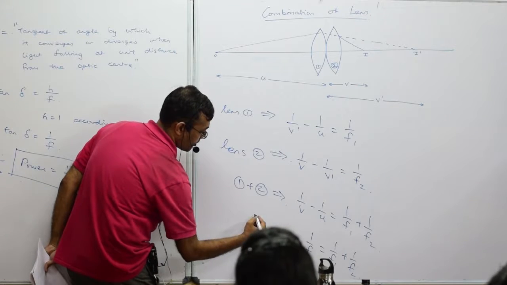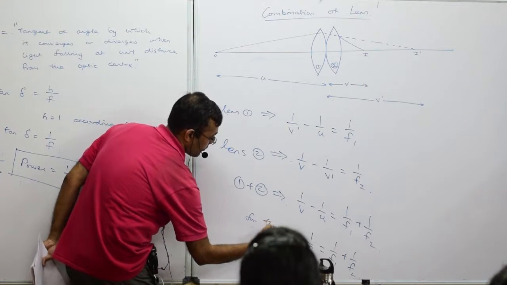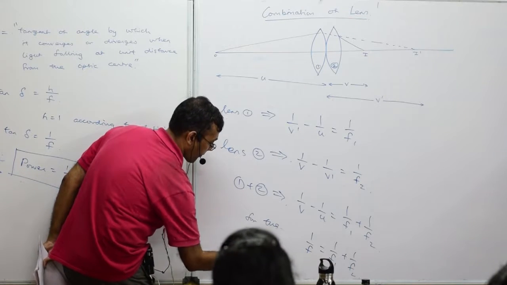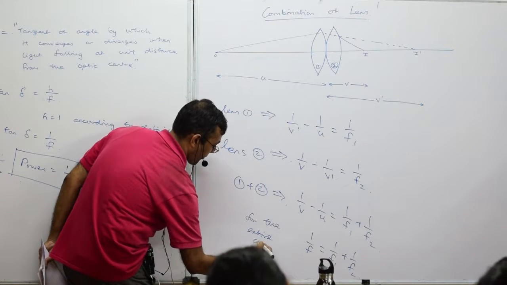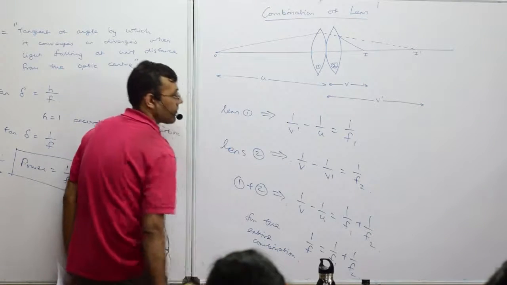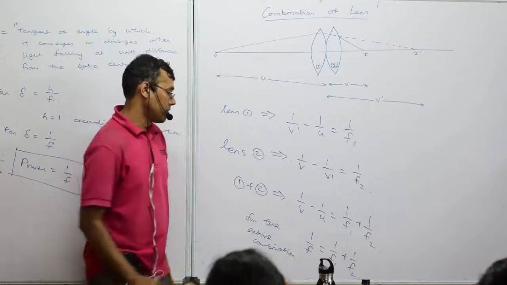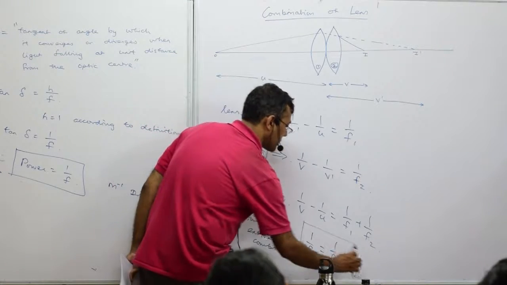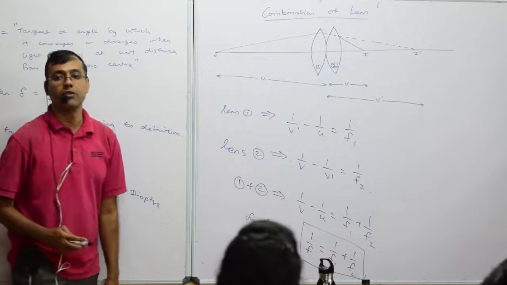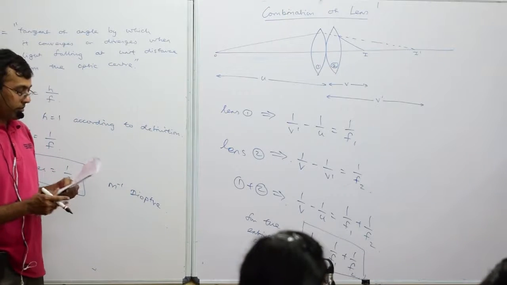So 1 by f can be called as for the entire combination. Okay, that's all. So that's the important derivation. As you can see, it's just 1 or 2 steps, very simple, nothing very difficult.